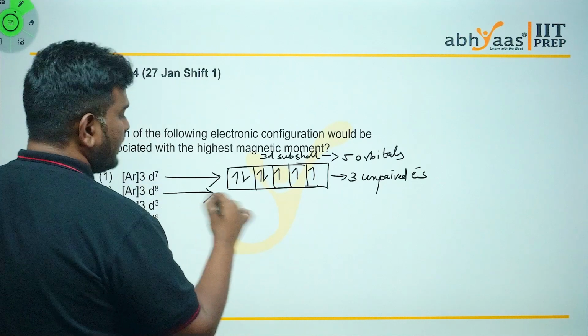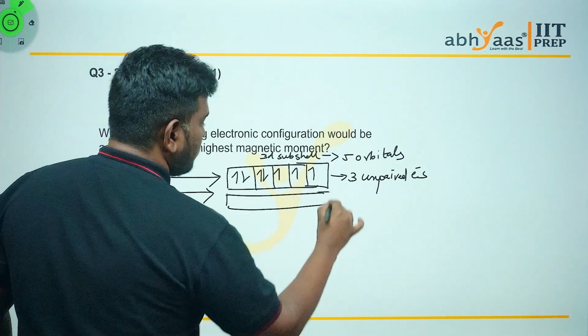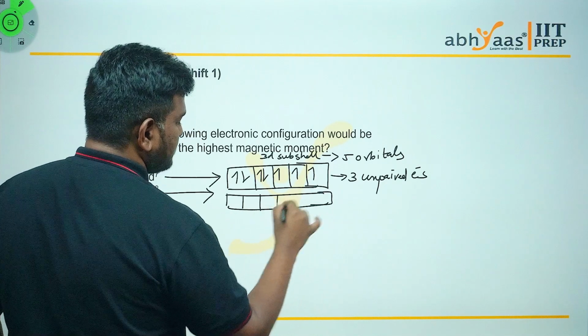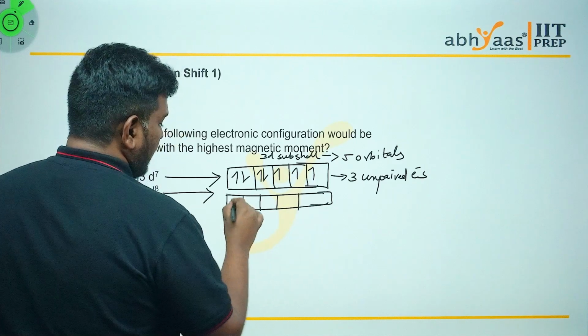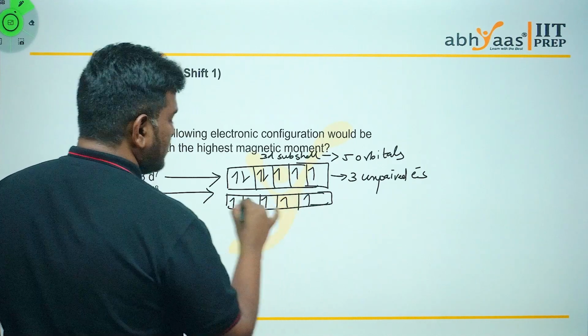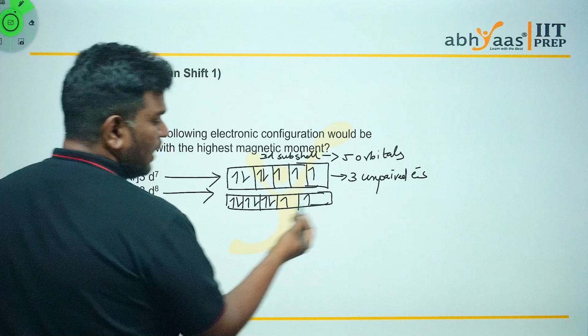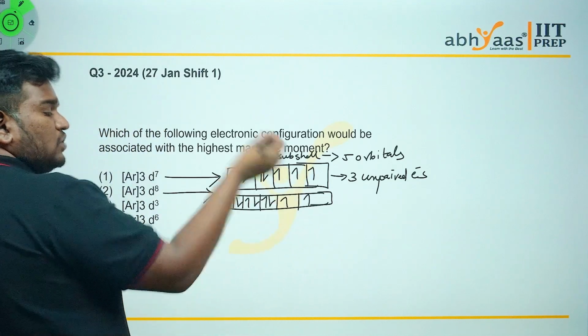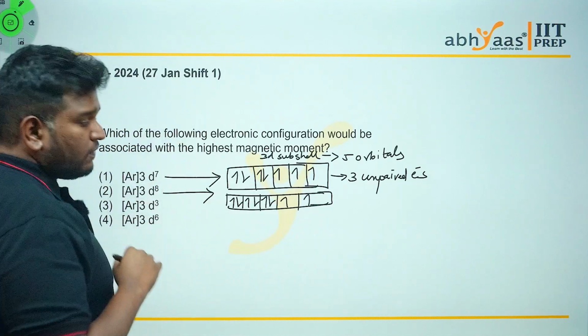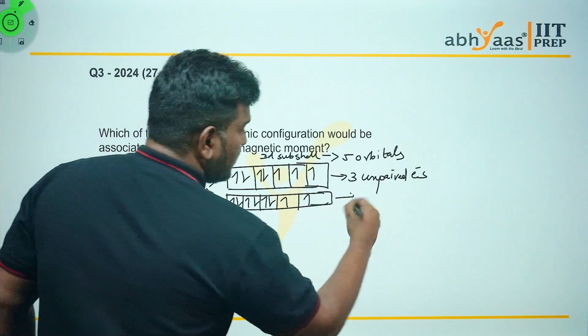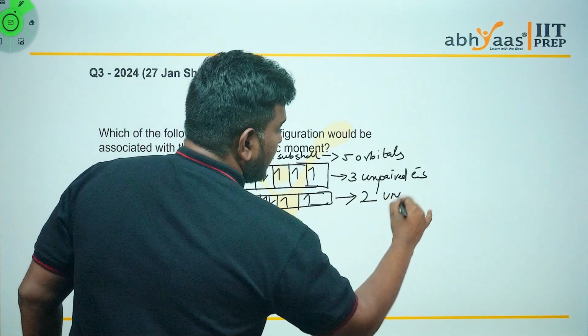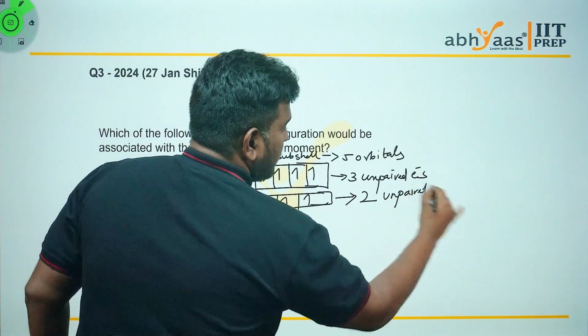Now going to 3d8. 3d8, the same 5 orbitals. Now 8 electrons, 1, 2, 3, 4, 5, 6, 7, 8. That means you have 2 unpaired electrons. Initially it was 3 for the above configuration; here you have 2 unpaired electrons.